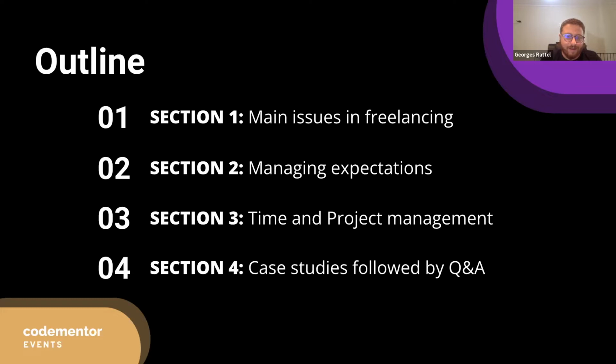And then the most apparent and obvious issue is time and product management. Then we're going to go through some quick scenarios, not really whole case studies, that usually happen throughout the project, and discuss what can be done in those scenarios.